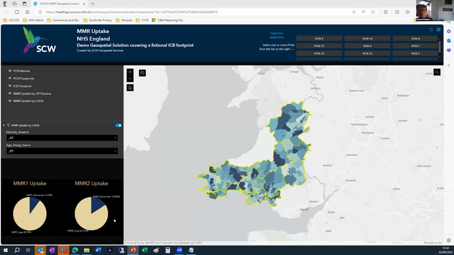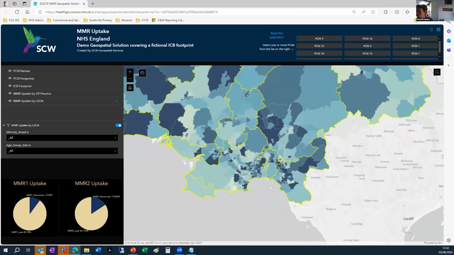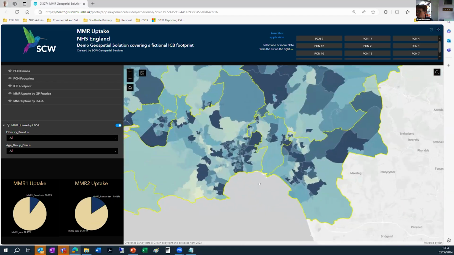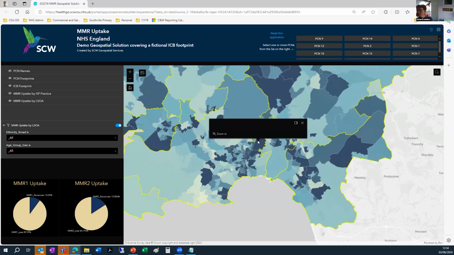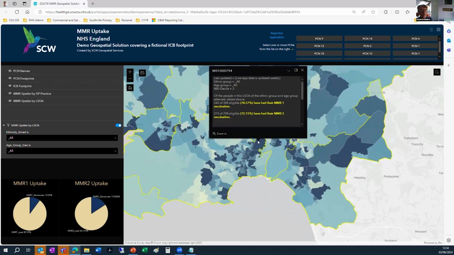So let me zoom in to one of these areas, and we can bring up some of the underlying information. This shows that this particular LSOA is in deprivation decile 2, because it's more than 20% most deprived. Areas like this typically get really low levels of vaccination.